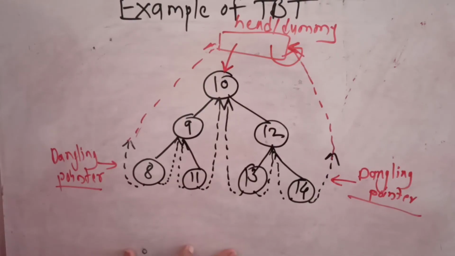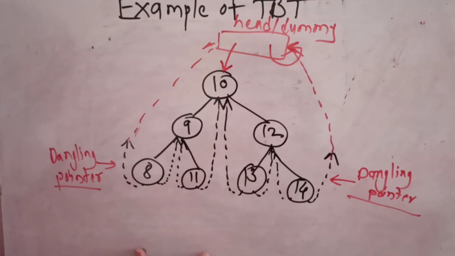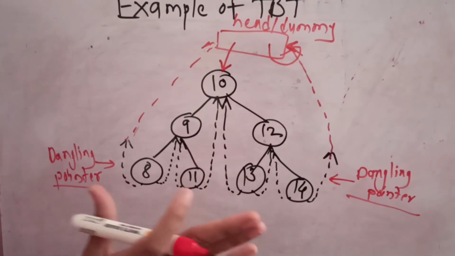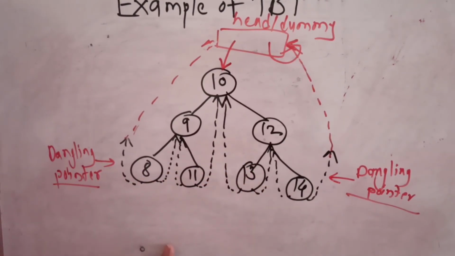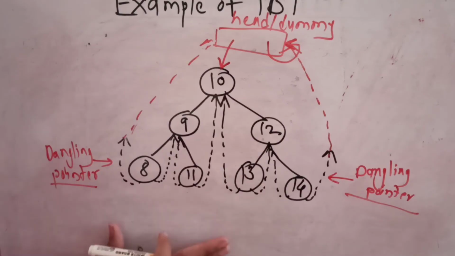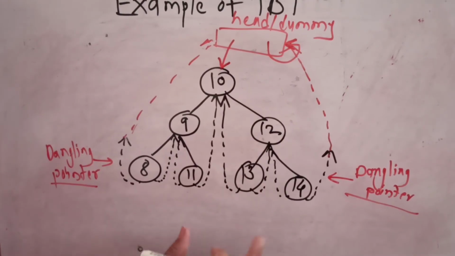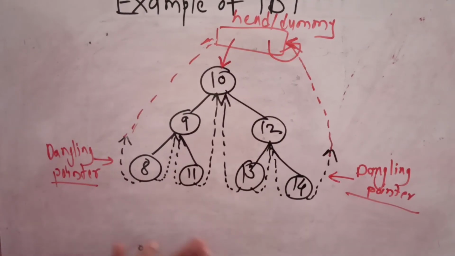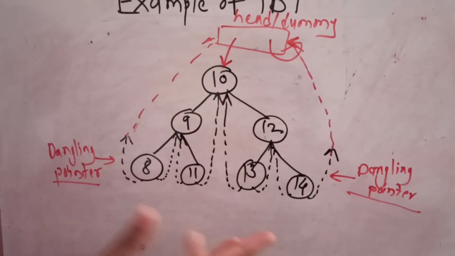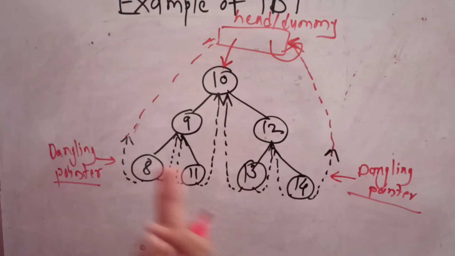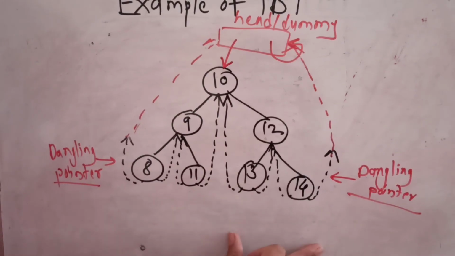What you have to remember here is why we are using this threaded binary tree. The only advantage of the threaded binary tree is that we want to avoid the stack and the recursion from the traversal techniques of the binary tree. Whenever we traverse the binary tree, we do it either by using the recursion technique or by using the non-recursive technique.